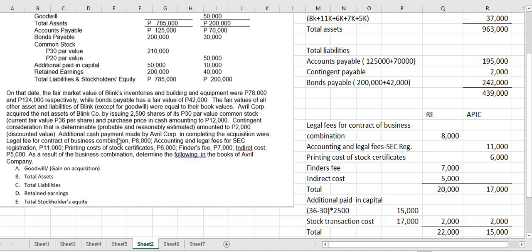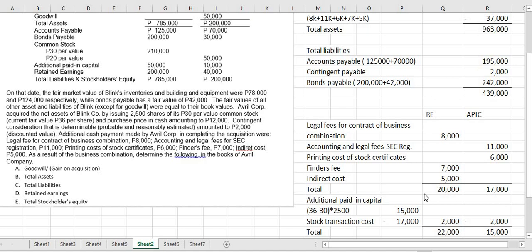Okay, yung accounting and legal fees for stock registration, basta for stock registration, i-register kasi yung shares. So, that's a stock transaction cost. So, kay APIC siya i-deduct. So, of course, yung printing cost ng stock certificates kay APIC din, it should be in capital. Yung finder's fee and indirect cost kay retained earnings. Okay?